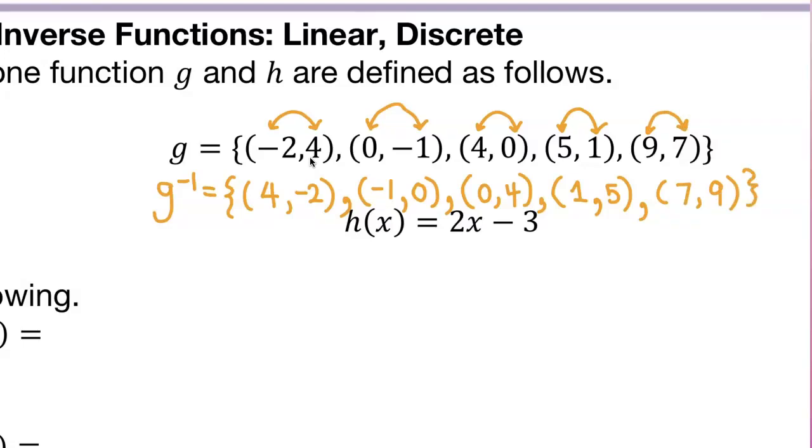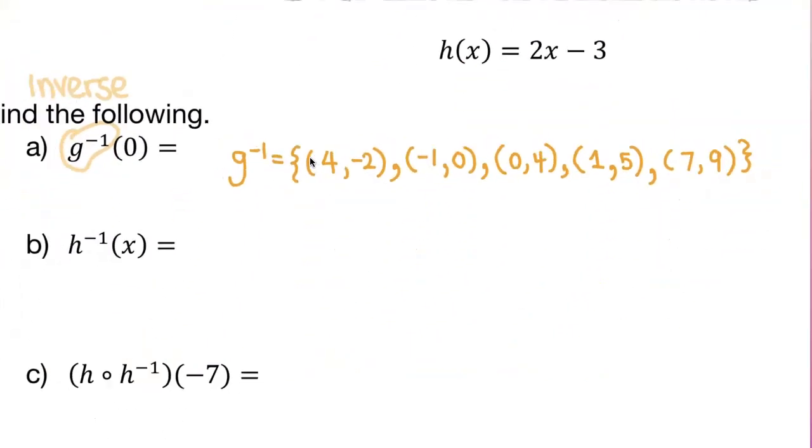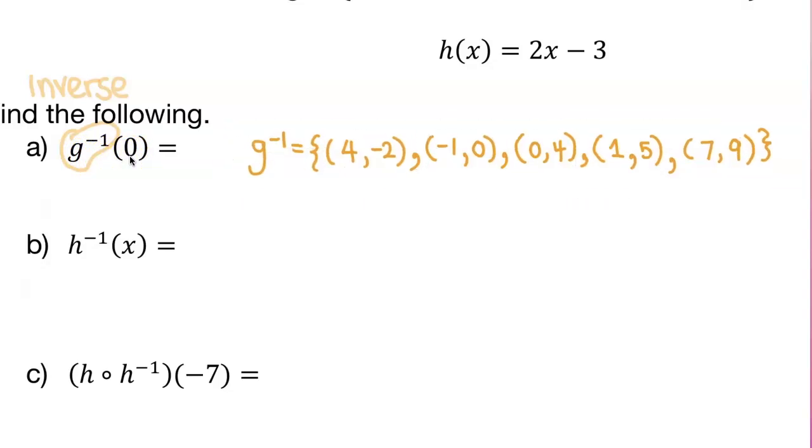All right. So let me move this down, because the first part was asking for this. They were asking for, what is the function value? What's the inverse function value when the input is 0? So one of them has an input of 0. Where is that?